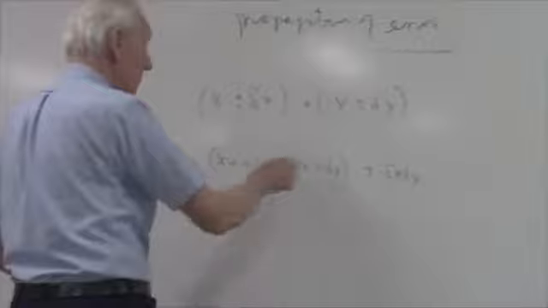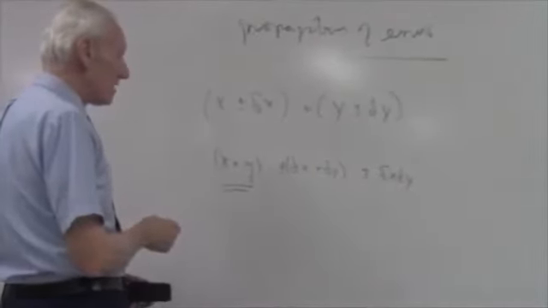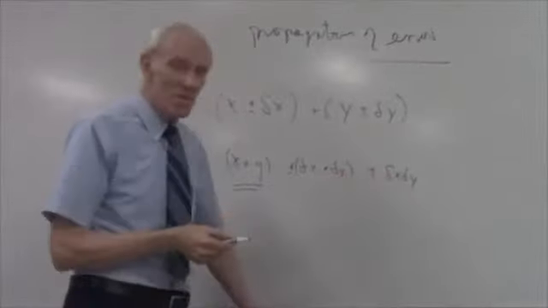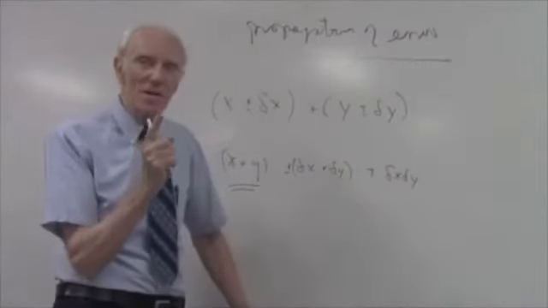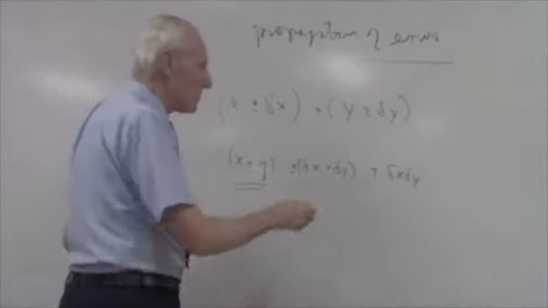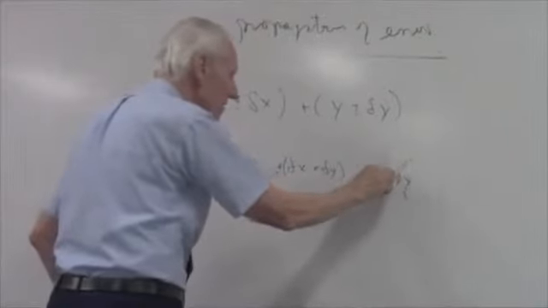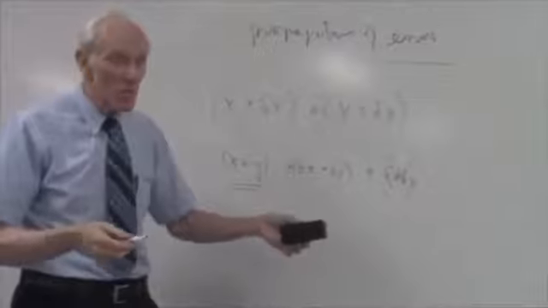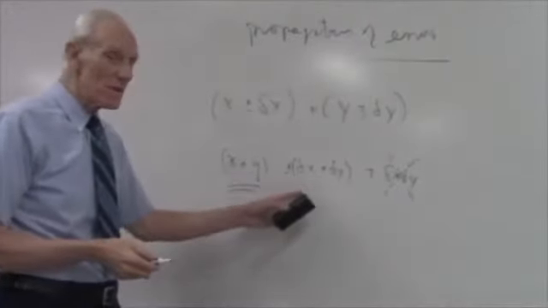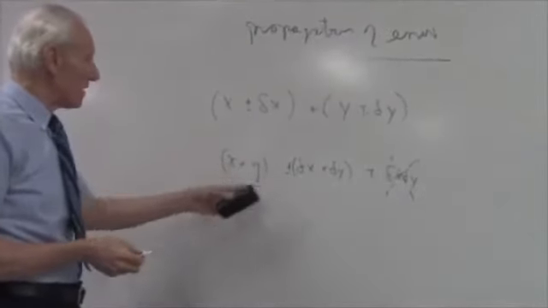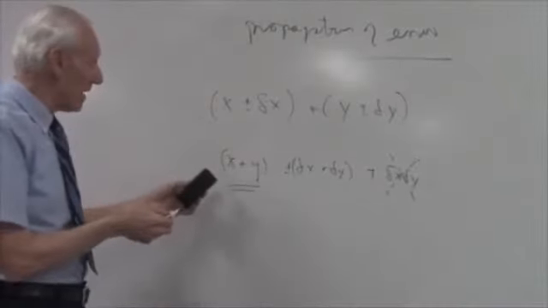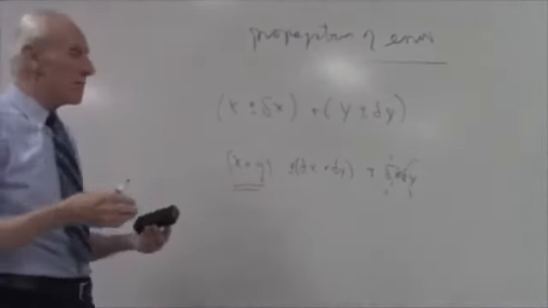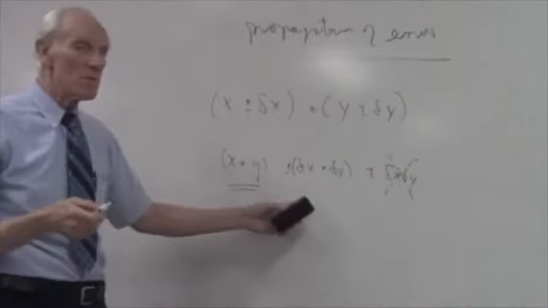So 10% plus 10% is 20%. But 10% times 10% is 1%. So we can forget this, because it's a whole order of magnitude or more smaller than this number here. Your result then is the sum of the best values, the average values, plus or minus the sum of these, which are called absolute errors.